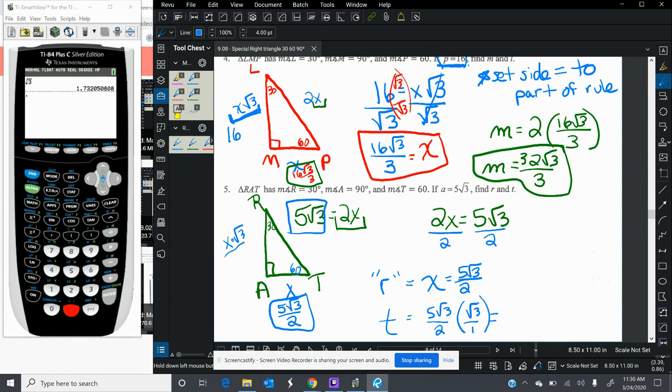So our final answer, the radical 3 gets multiplied, I believe becomes 5 times 3 divided by 2, 15 over 2.